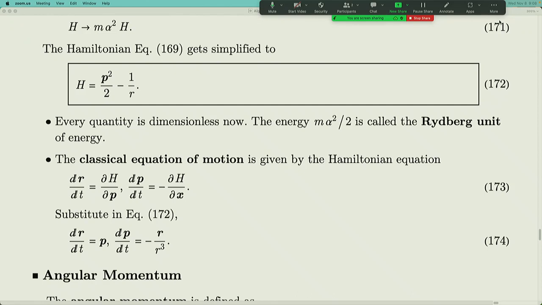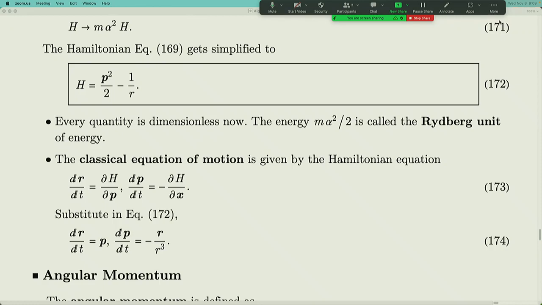And people sometimes divide it by 2 because, for historical reasons, this energy unit was first defined as the so-called Rydberg unit of energy, which arises when people study hydrogen atoms. It is actually the ground state energy of the hydrogen atom.